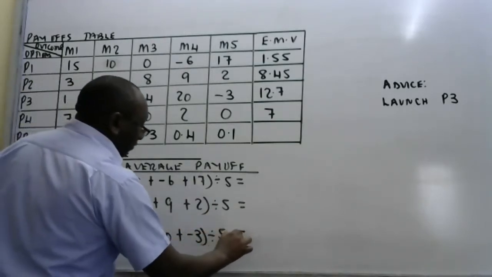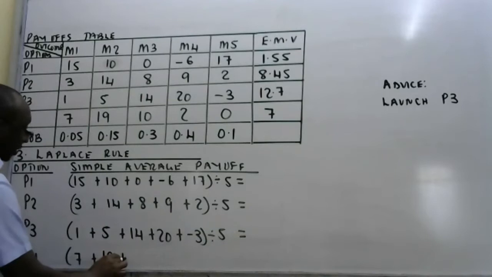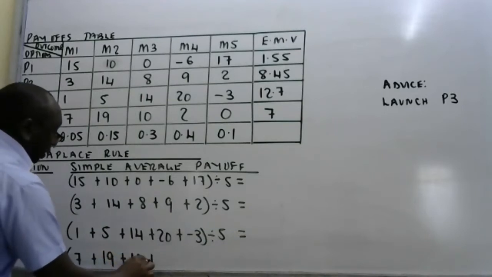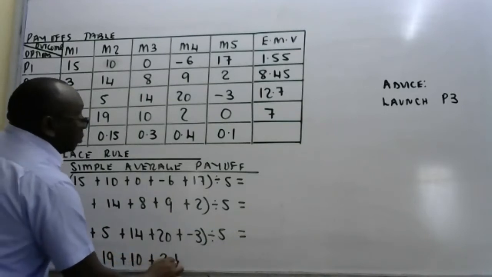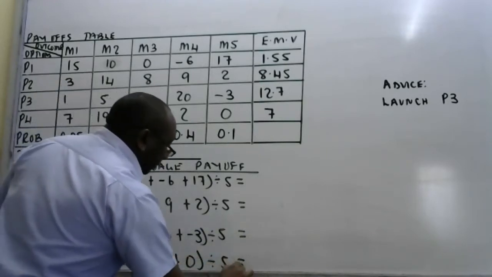You divide by 5. Then there is P4. That is 7 plus 19 plus 10 plus 2 plus 0. You divide by 5.